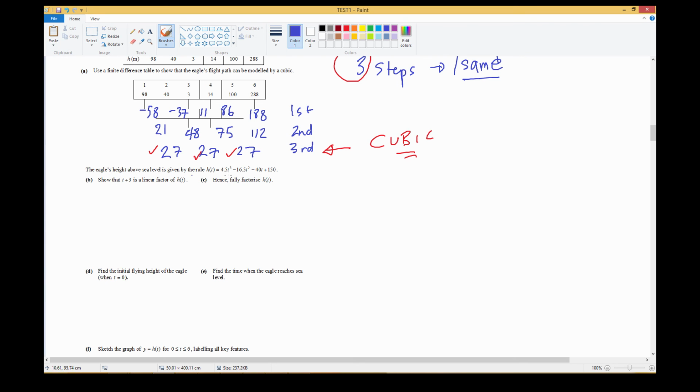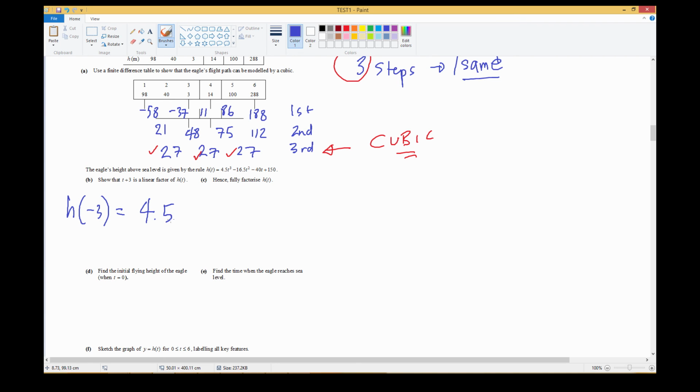Remember, this is a cubic polynomial, and to find one of the factors, we substitute a value into the polynomial and it should give us 0. In this case, it's asking us to show that this is a factor. That means that if we substitute minus 3 into the polynomial, it should give us 0. So we just check that.